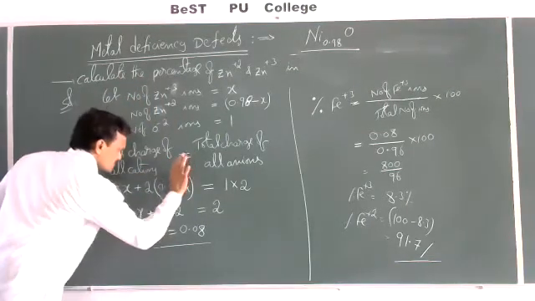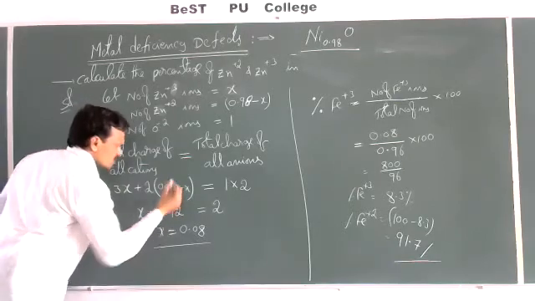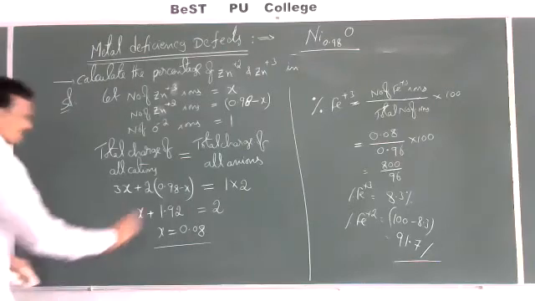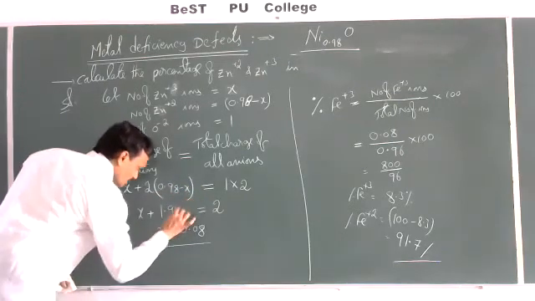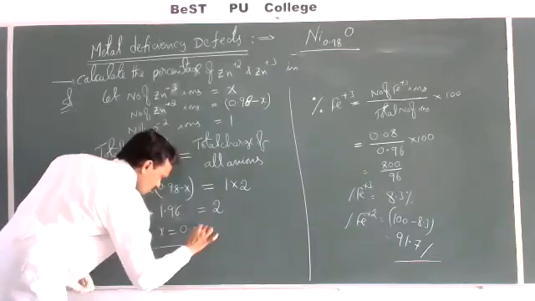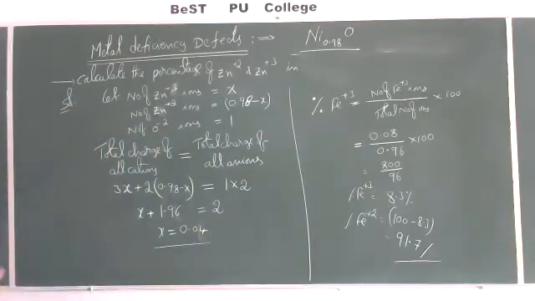Now this is the same: the total charge of all cations is equal to the total charge of all anions. This gives 1.96, which leads to 0.04. So the number of Ni plus 3 ions is 0.04.